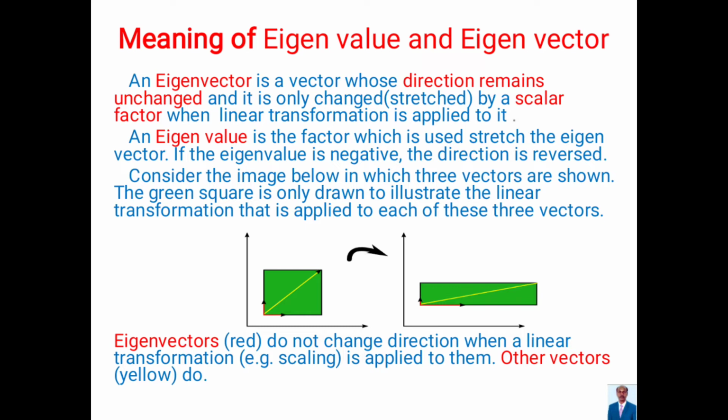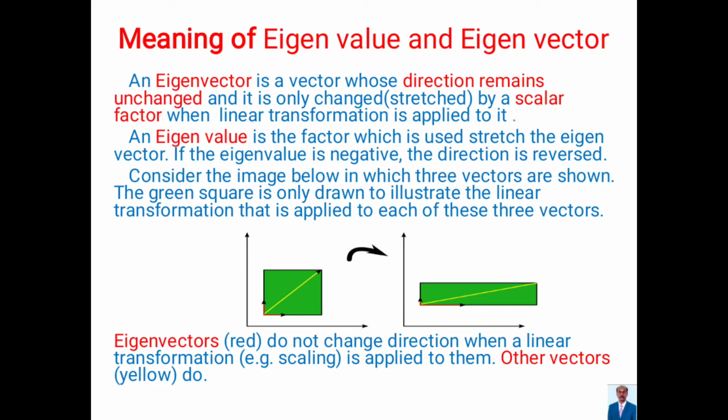If you stretch the green diagram, which we can consider as a square, it is stretched like a rectangle. Then the horizontal vector, that is the red line, remains the same, both vertically and horizontally, but the yellow vector changes its position.